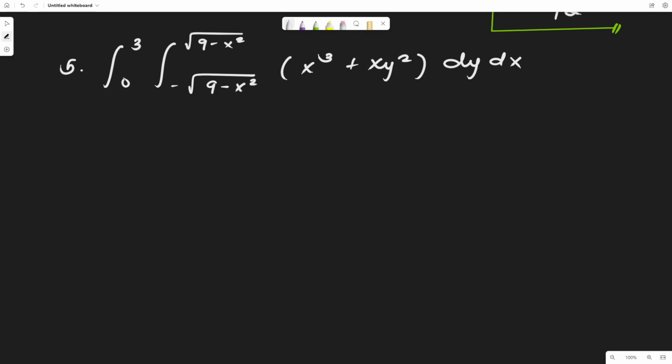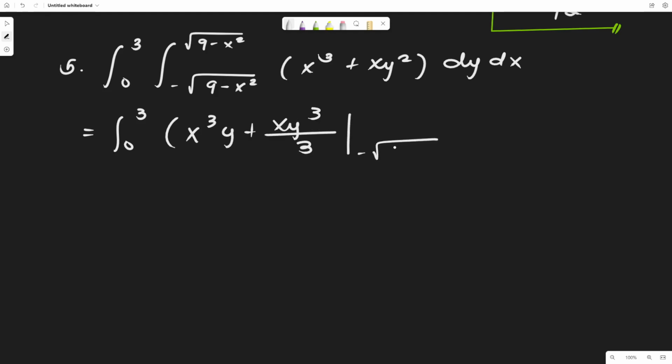So, let's evaluate first, following the sequence here. So we have from 0 to 3. The integral of this in terms of y is x cubed y plus xy cubed over 3, evaluated from negative square root of 9 minus x squared to square root of 9 minus x squared dx.